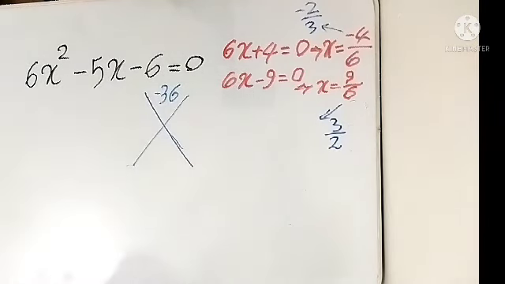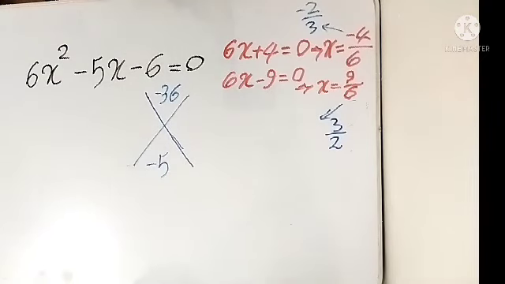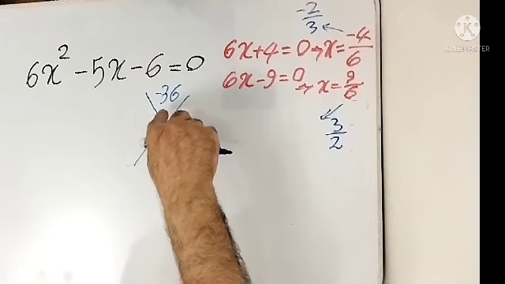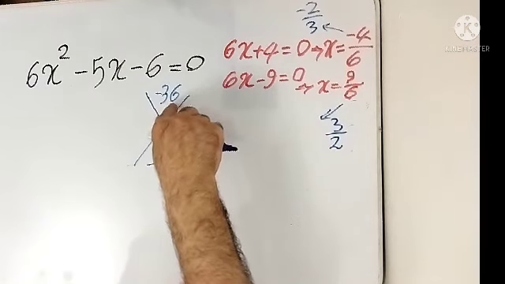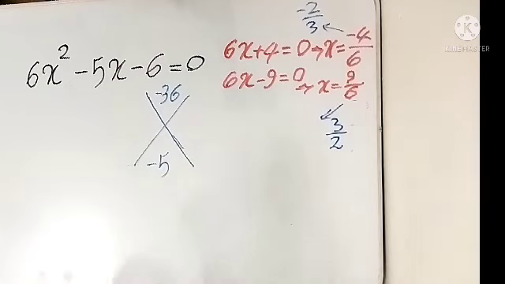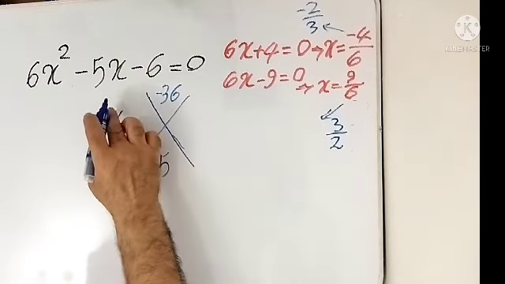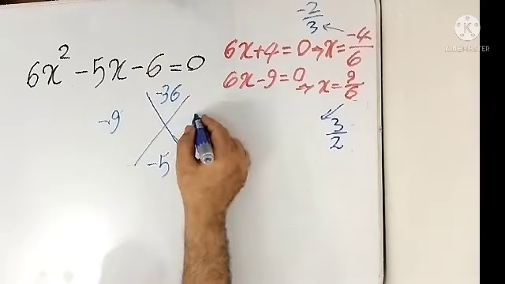A is 6 and C is minus 6, multiplied is minus 36, and write minus 5 in this part. Now we must find two numbers that multiply to minus 36 and sum to minus 5. These numbers are minus 9 and 4.